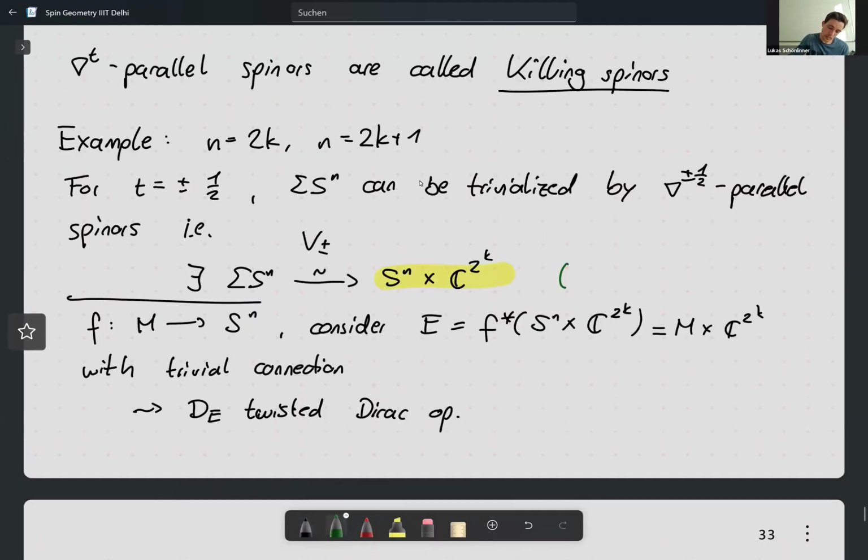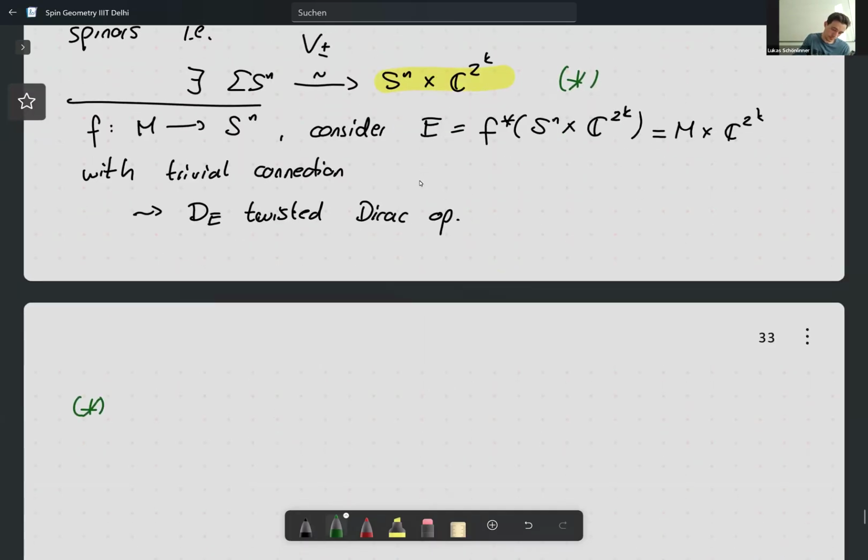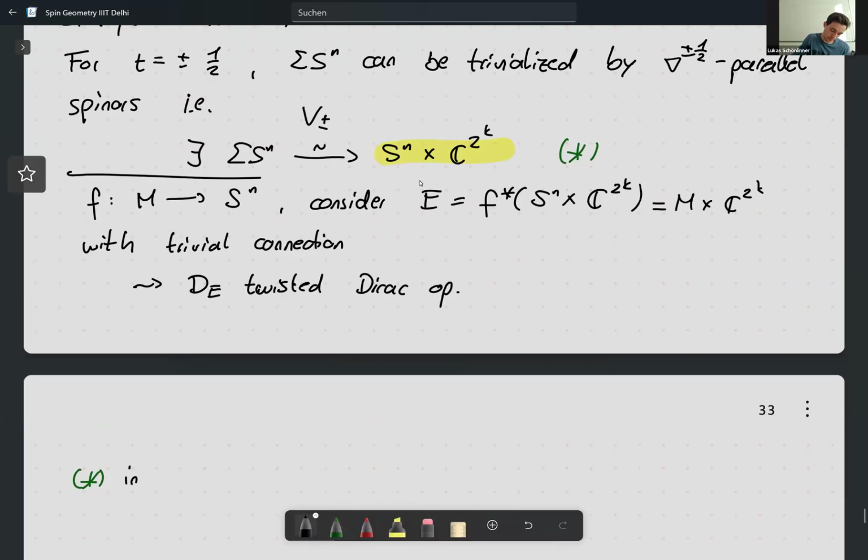So these trivializations induce, on the polar bundle, namely U^± going from E to M cross C^{2k}.